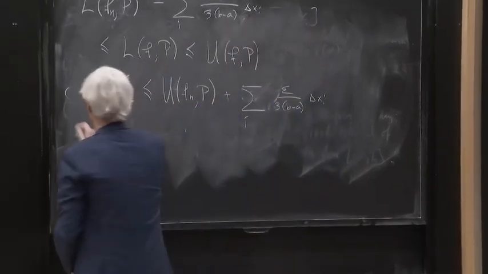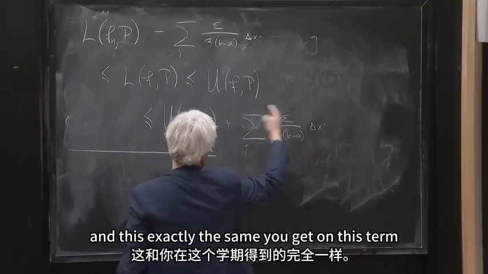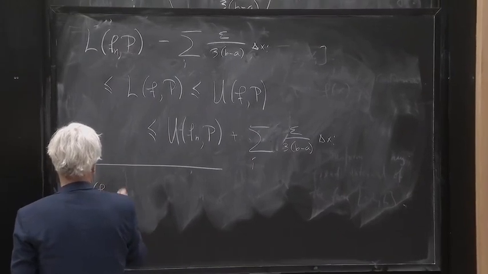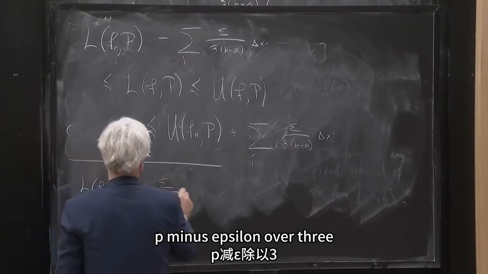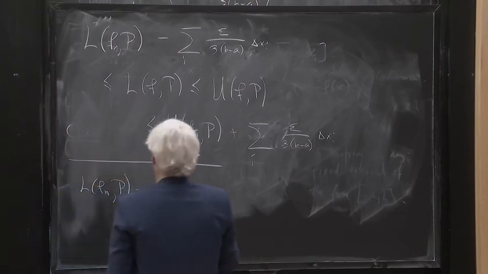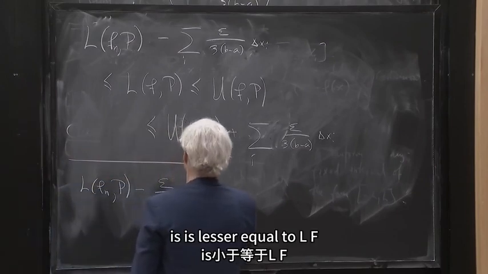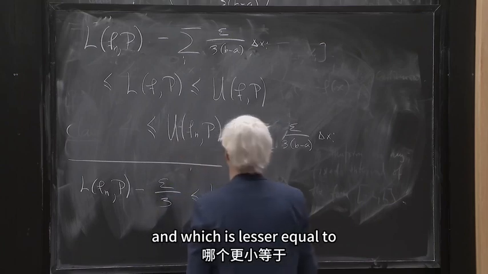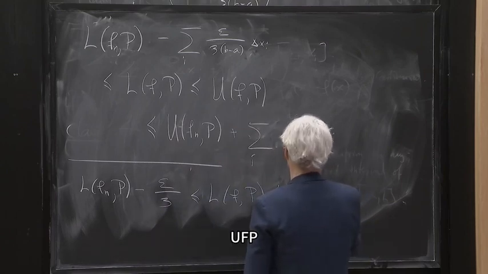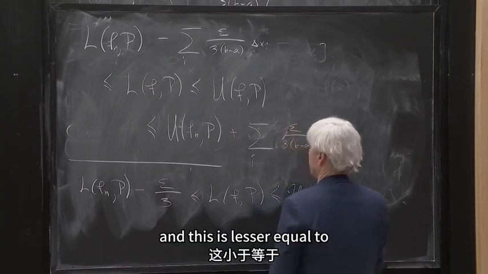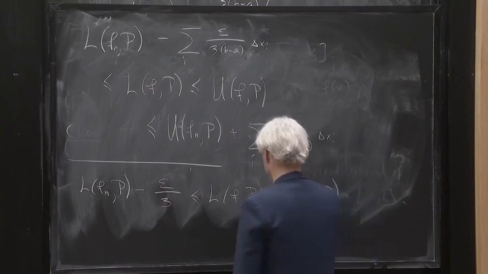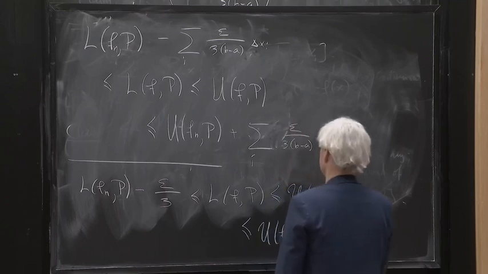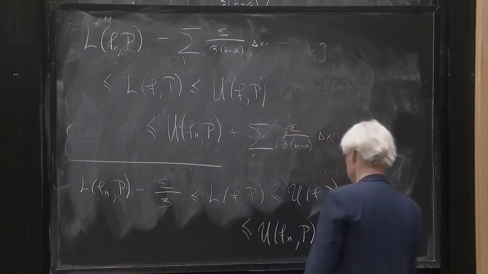So if you put that in, and exactly the same you get on this term, then you have that L(f_n, P) minus epsilon over 3 is less or equal to L(f, P), which is less or equal to U(f, P). And this is less or equal to U(f_n, P) plus epsilon over 3.